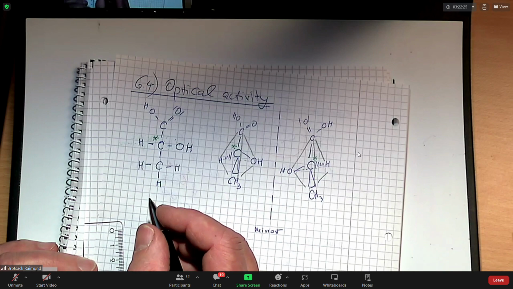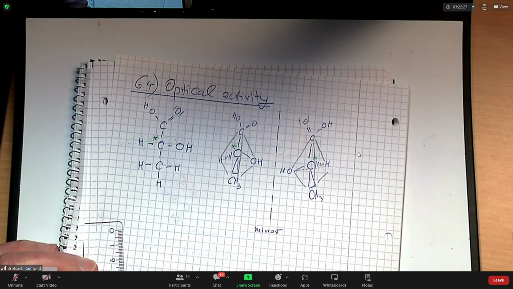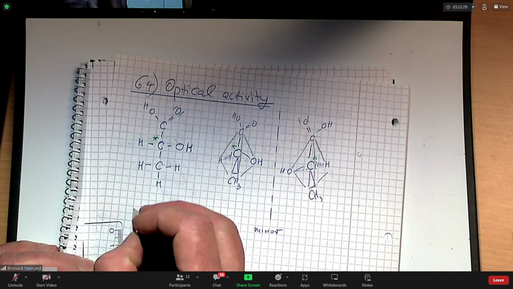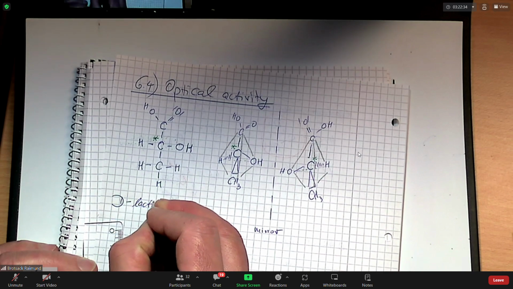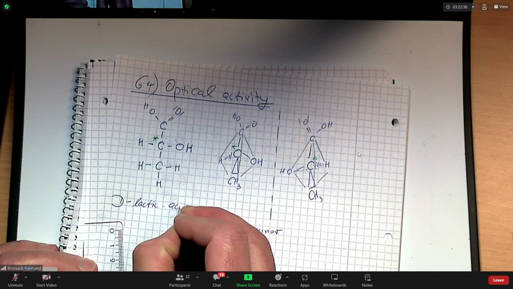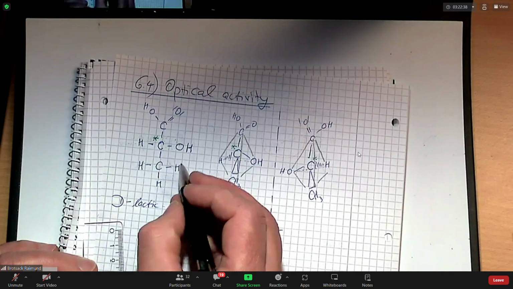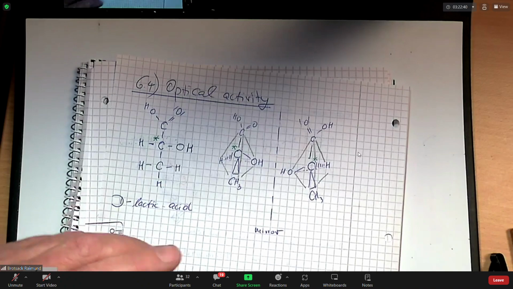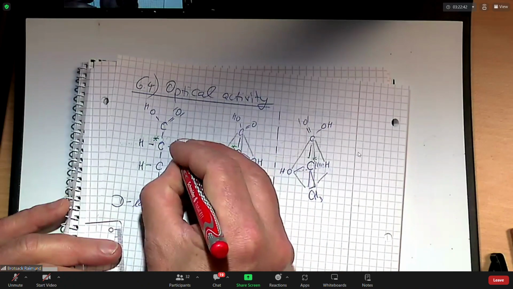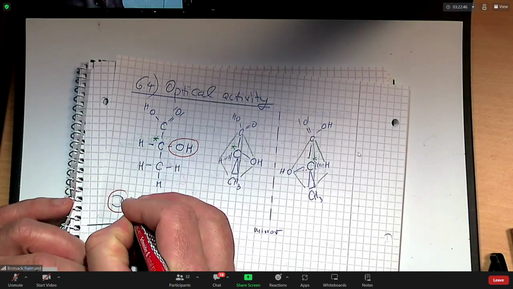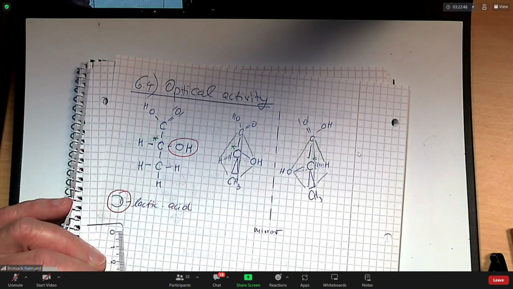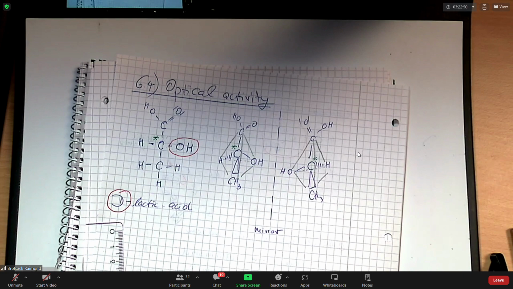Dexter in Latin is the right side. So D-lactic acid, D symbolizing that we have the alcohol group on the right side in the 2-dimensional writing.